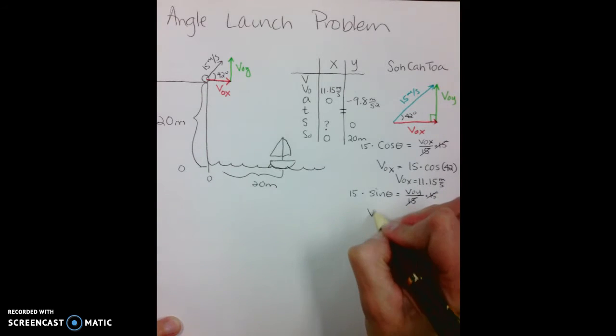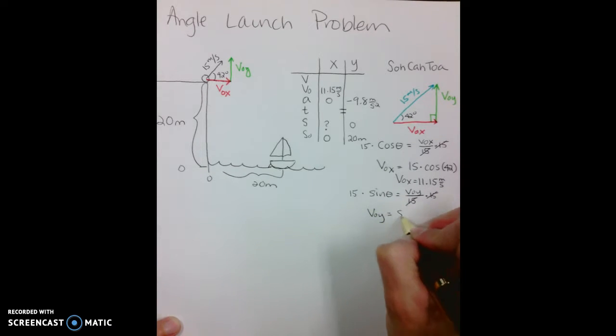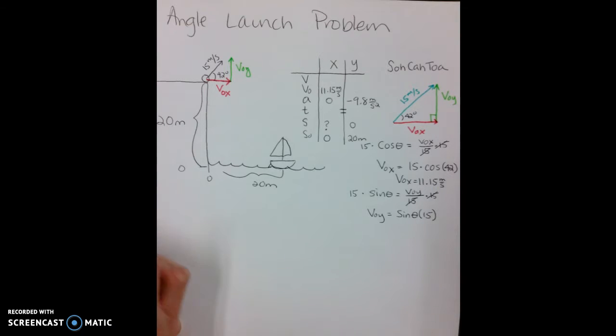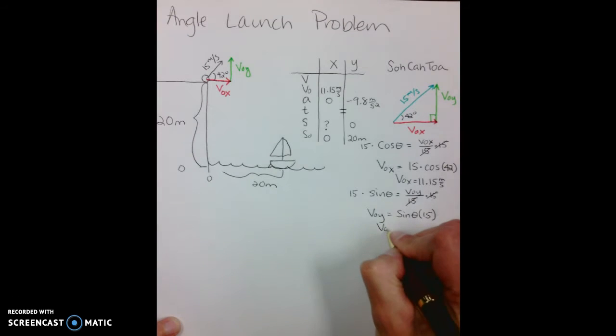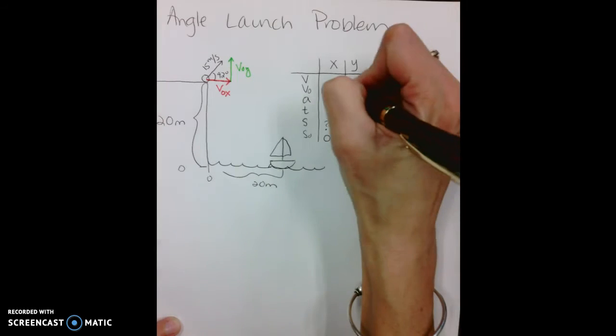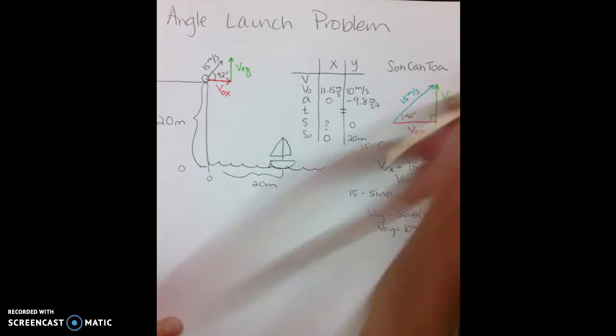Then I'm left with v0y equal to the sine of 42 degrees times 15, and that gives me v0y is equal to 10 meters per second. Now I have that in my chart.